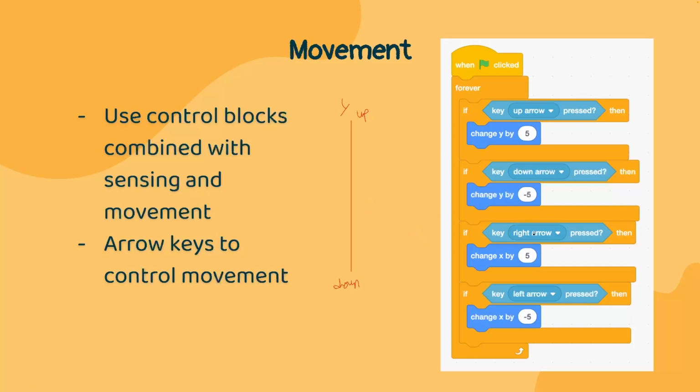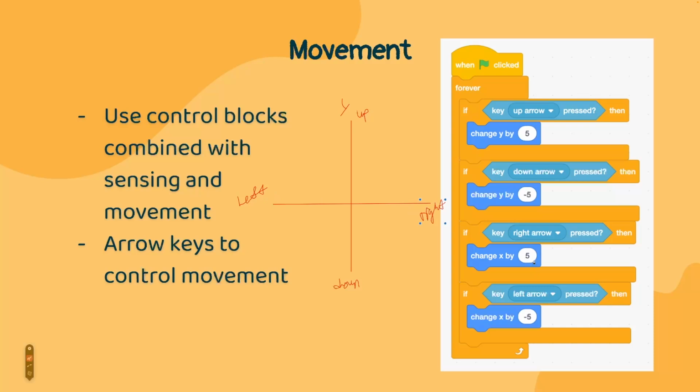Now, let's talk about going right and going left. In this case, we would want to change the x-axis, like this. Our x-axis goes from the left to the right. So from left to right.